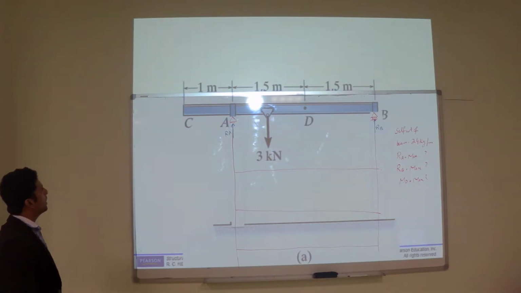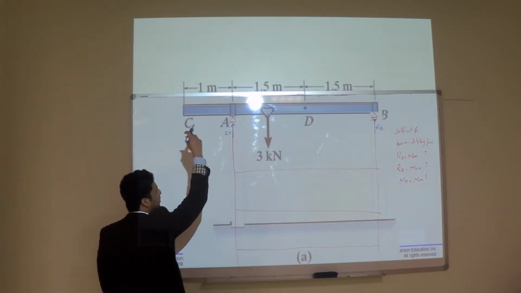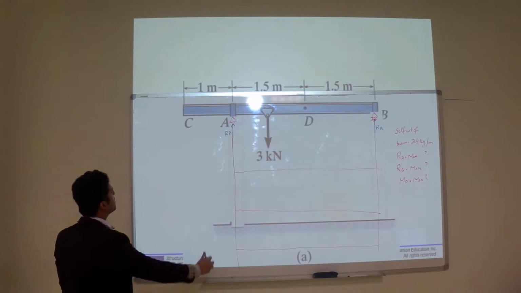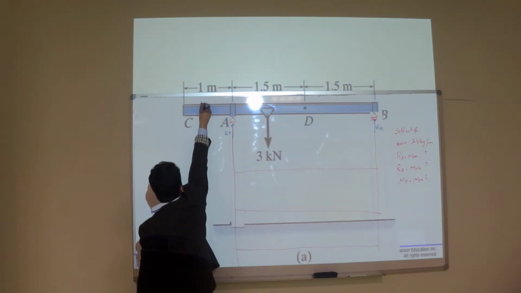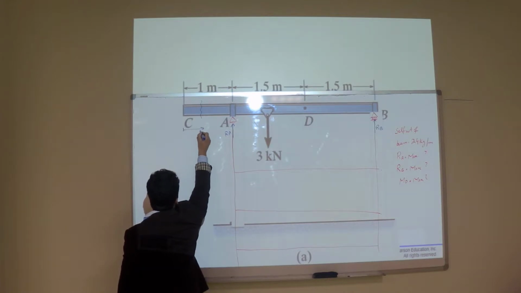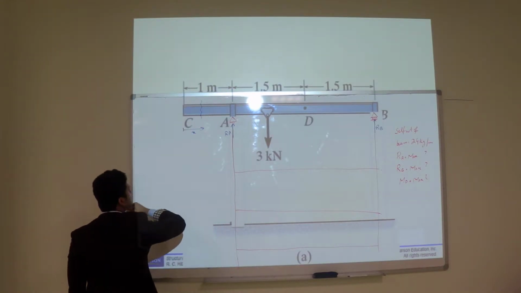Equation? Okay, so let's put the load here, somewhere here. And that will be the function of x. For example, if the load is here or here, if the load is at this point at x, so how much will be the reaction?